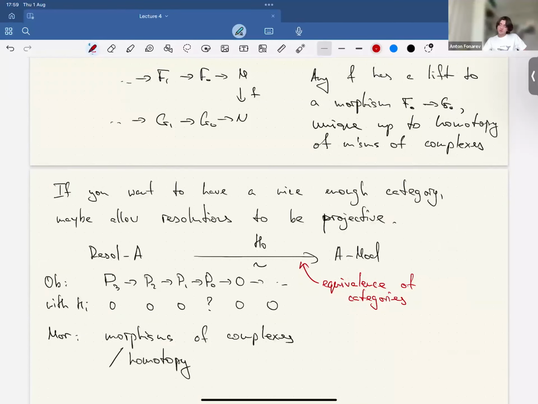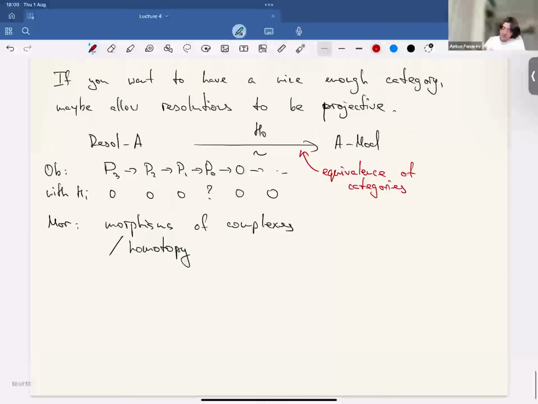All right. So if you do enough homological algebra, you will soon realize, so far it doesn't give anything interesting.